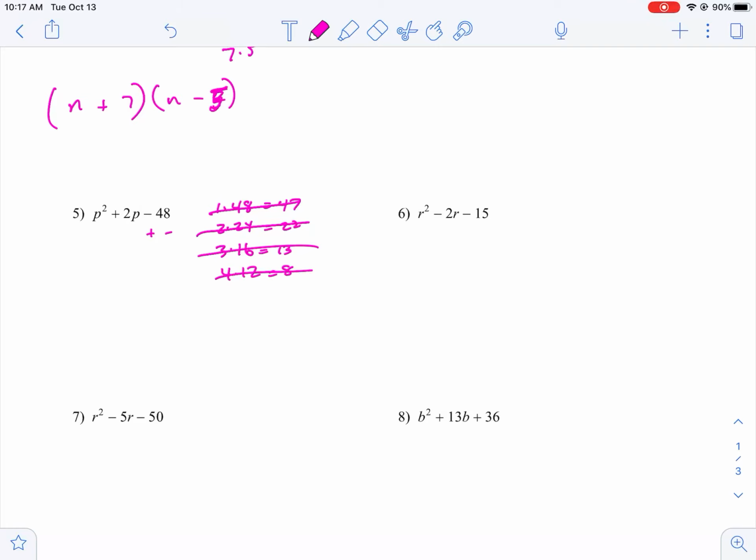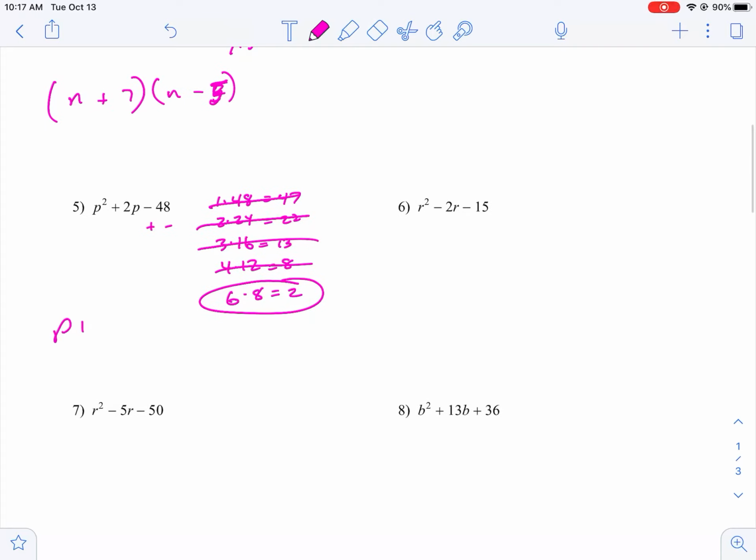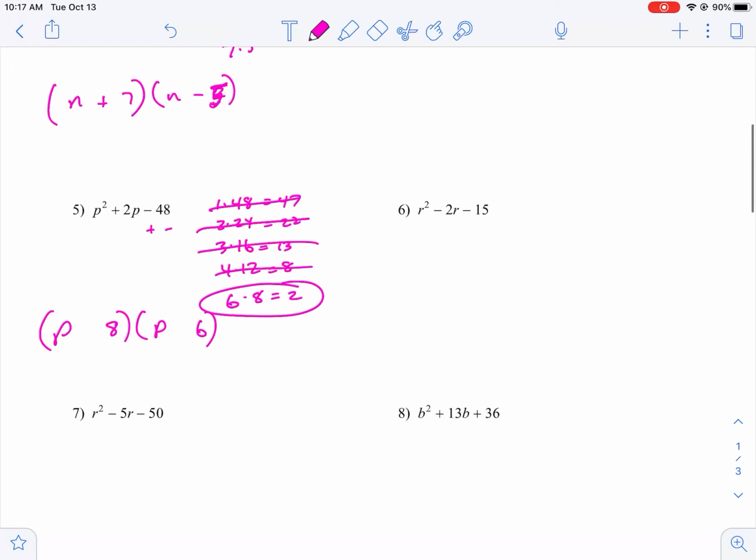All right. 6 times 8. Yep. All right. 8 minus 6 is 2. All right, so that's what we want. All right, so P, well, let's do the signs in a minute. P8 and P6. All right, the middle sign gets the bigger number. So plus 8 minus 6.